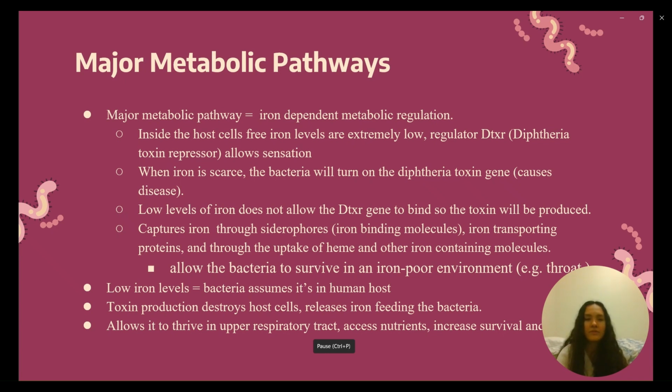When there are low levels of iron present, the bacteria assumes it is inside a human host. The production of the toxin destroys the host cells, and iron is released as a consequence, which feeds the bacteria. This allows the bacteria to thrive in the upper respiratory tract, access essential nutrients, and increase its chances of survival and spread.